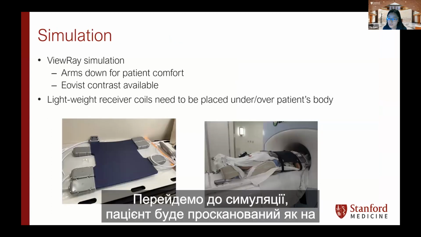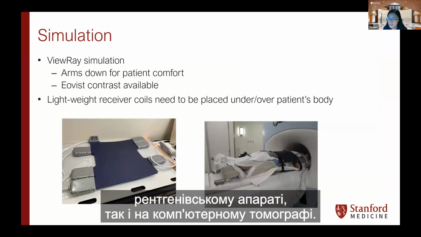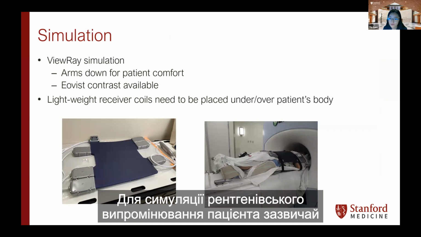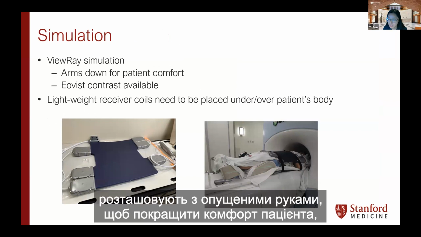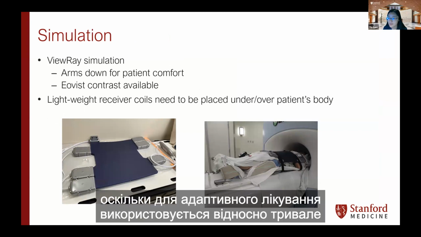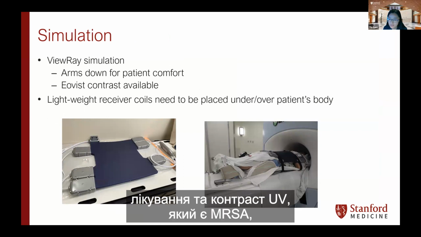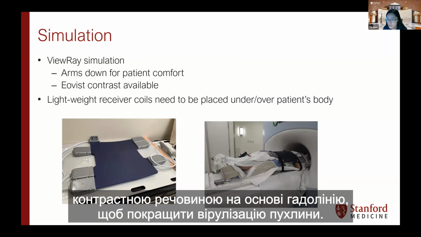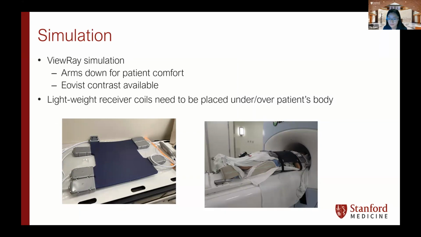Okay, moving to the simulation, the patient will be scanned on both the MR system as well as CT. For the MR simulation, they are usually positioned in an arm-down position to improve patient comfort because of the relatively long treatment for the adaptive case. And the contrast, which is an MR-safe gadolinium-based contrast agent, is available to improve tumor visualization.